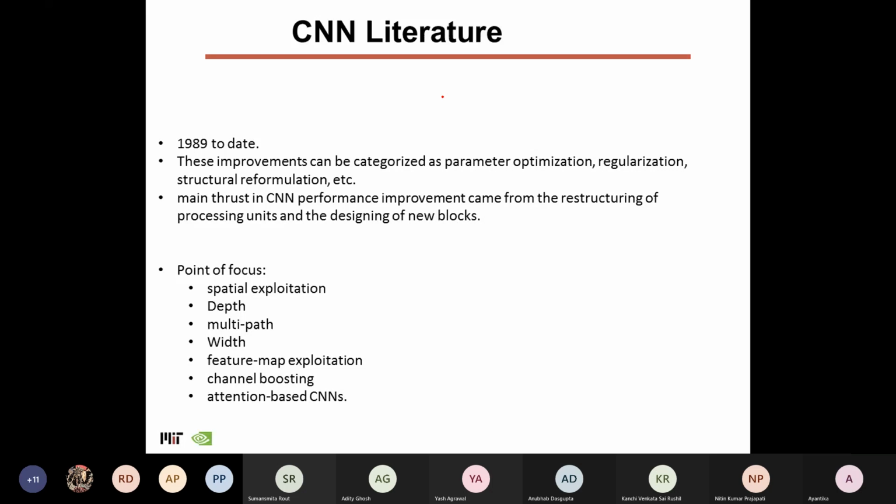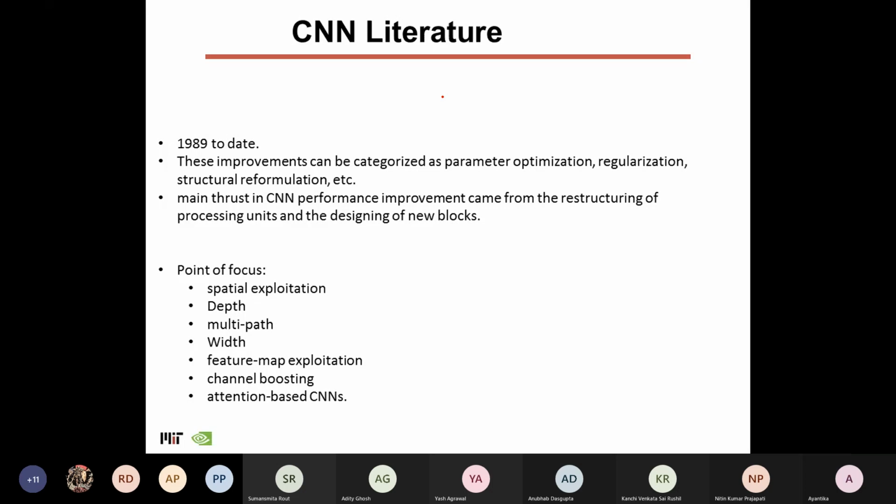Now quickly, let's talk a bit about the CNN literature. Maybe you now have some idea how this CNN structure, or deep neural network structure, looks like, what components we have, and what their purpose is.